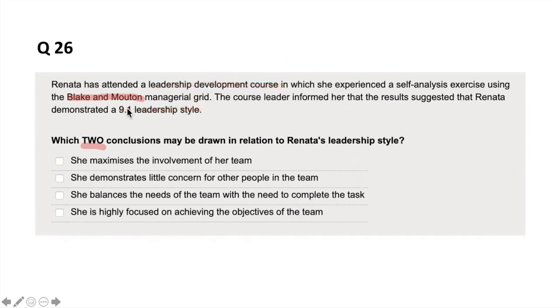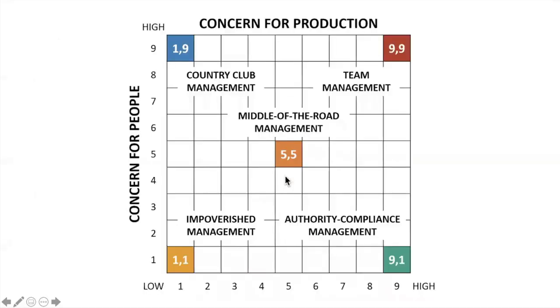Now, to make this clear, to see how team-oriented or how not as much team-oriented Renata is, let me go further. So here we go. This is the actual grid by Blake and Mouton, and this is what we need to know. So let me draw here, and what Renata is closer to is 9.1. Here it is. So if you know the grid, you know where to look.